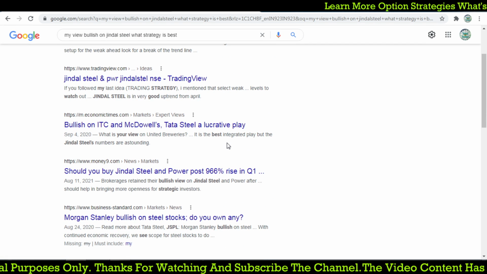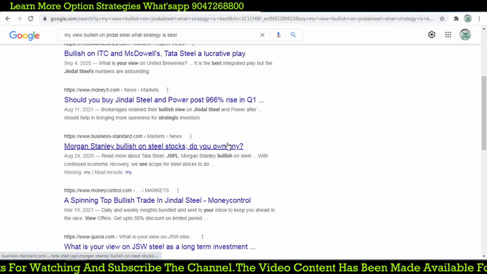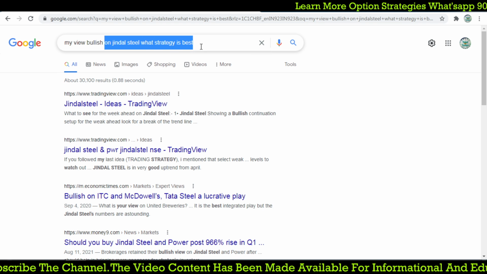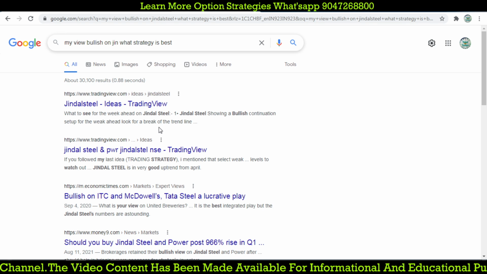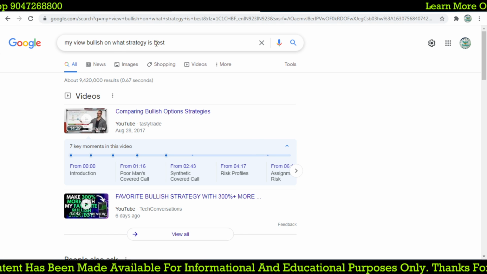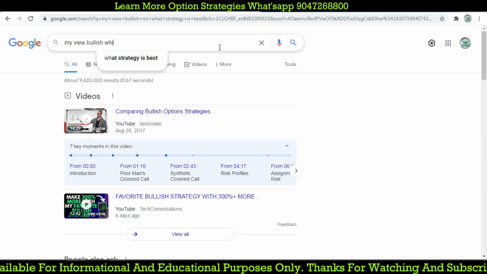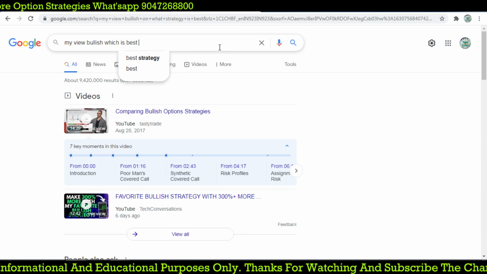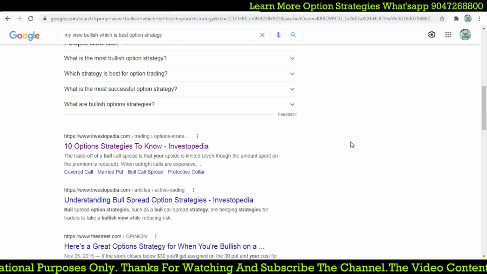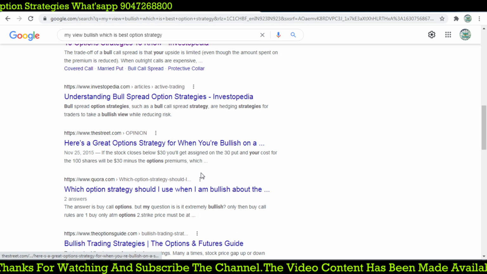If any idea, Google will recommend. You can say, just for a bullish view, what strategy is best? Not only JSW Steel or Jindal Steel, just type it and search: what is the best option strategy? Let's try it out. If my view is bullish, what can I do? So for a bull call spread, that option strategy we can use, right?